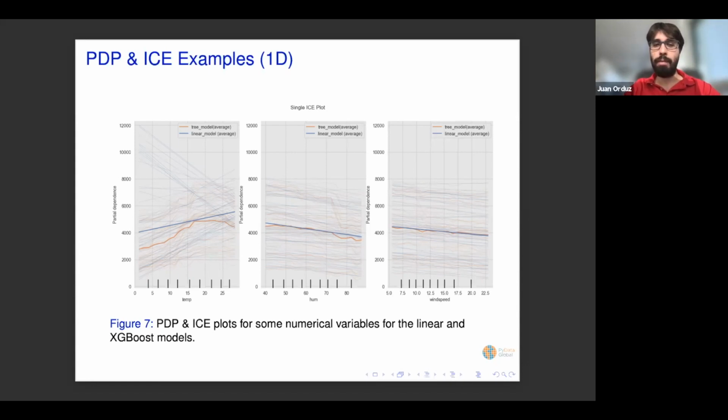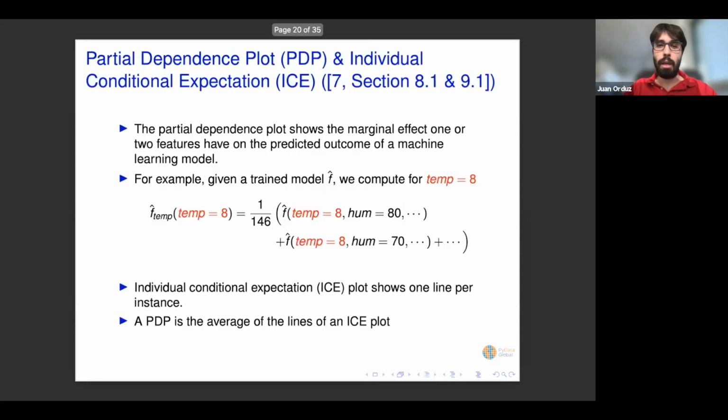These plots are really helpful for understanding our model, but they have a big limitation, which is that if you have highly correlated variables, then these results can be misleading. Why? Well, if you look at how this is computed, if, for example, you take temperature equal to 25, and then in your seasonal variable the month is December, this is not really representative of the data distribution.